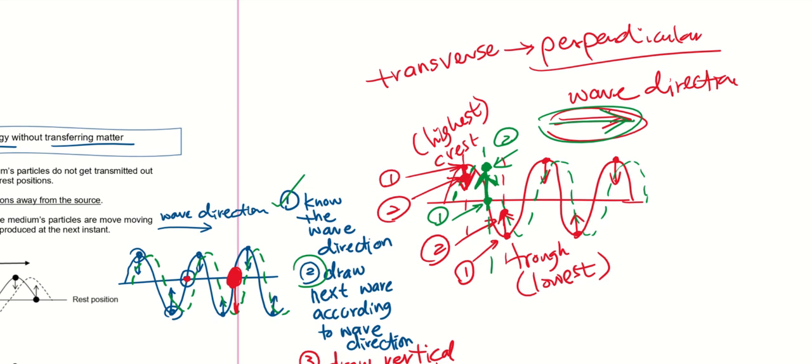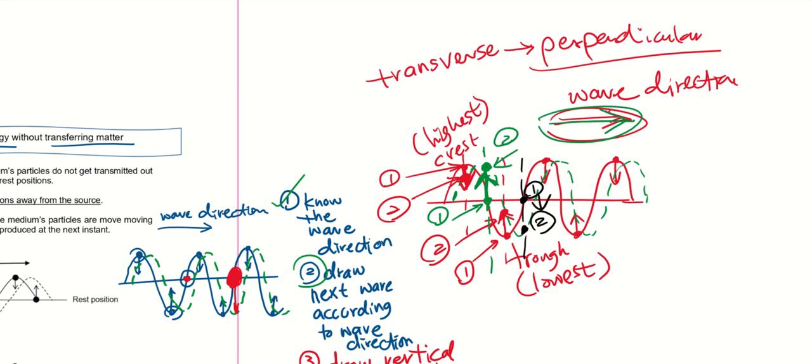Okay, let's choose another point, maybe this point. It's also on a position whereby we are not very sure whether it will go up or down. Since we have already drawn the next wave according to the wave direction, we draw a vertical line, and it cuts the dotted line, the next wave line, at the bottom position.